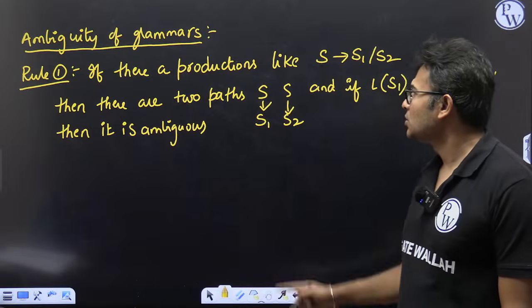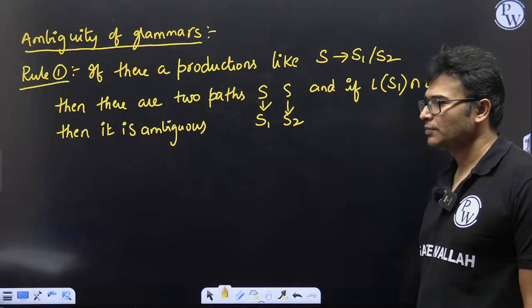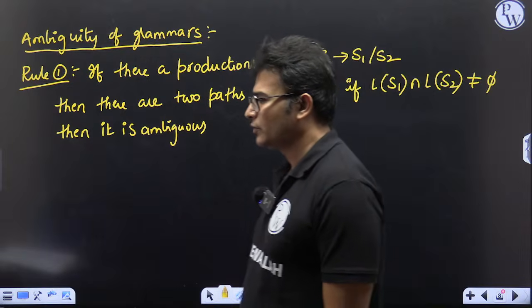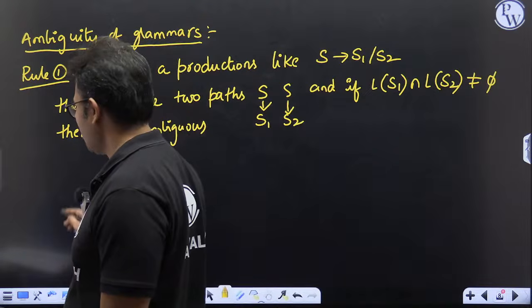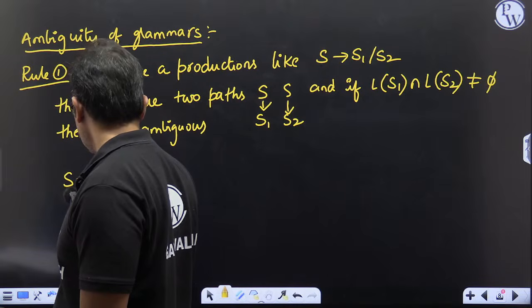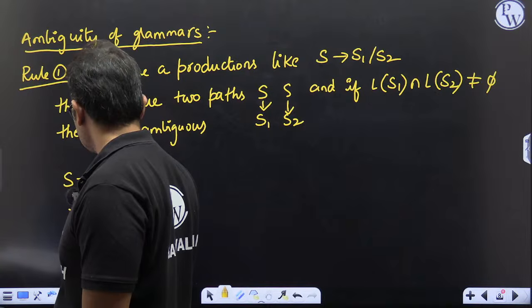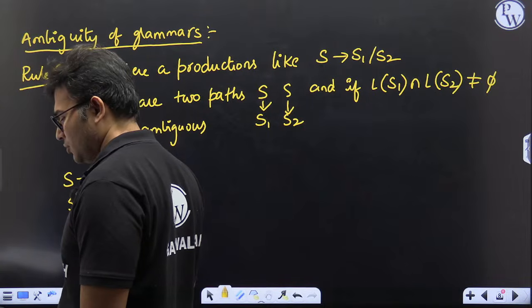Then there are two paths, or two parse trees, for the same string. Now answer this question. Is this grammar ambiguous? S derives S1 or S2. S1 derives AS1 or epsilon.